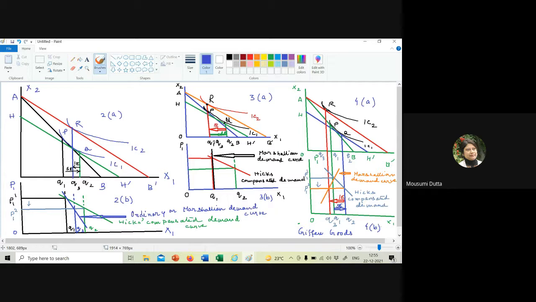Hence, the ordinary or Marshallian demand curve will be negatively sloped, as shown in figure 2b.